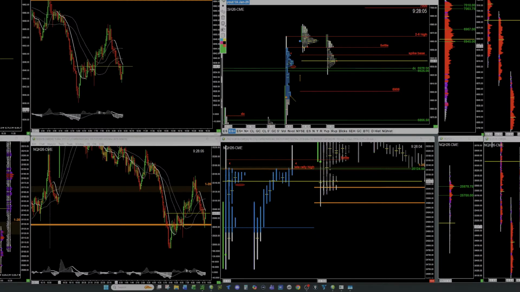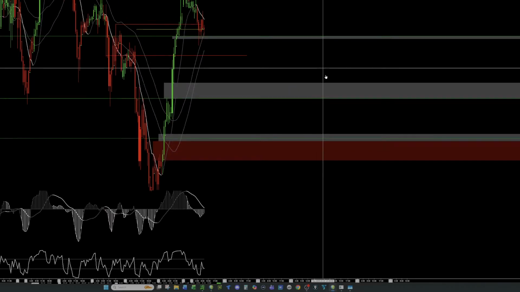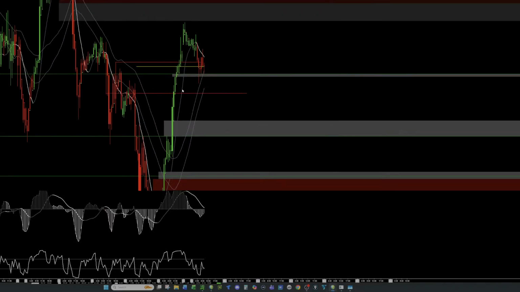If I check my 60 minutes charts, I'm going to bring the 60 minutes here. What I have here in the 60 minutes is some single prints that have actually been filled now. Like these ones here, single prints here. This movement that we have just months ago filled that one.